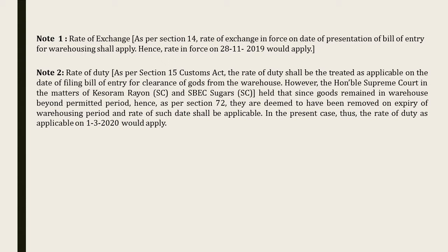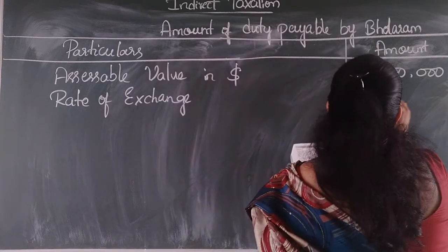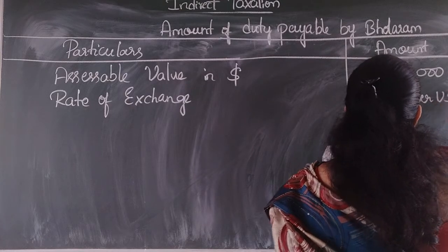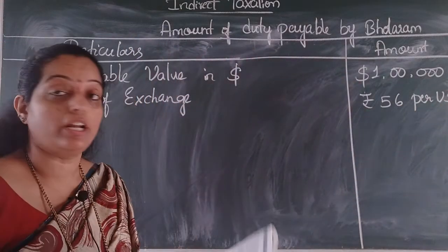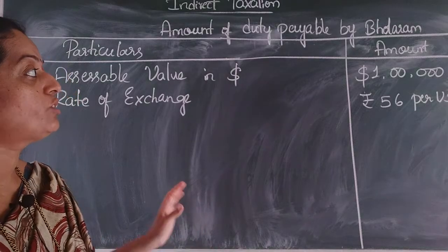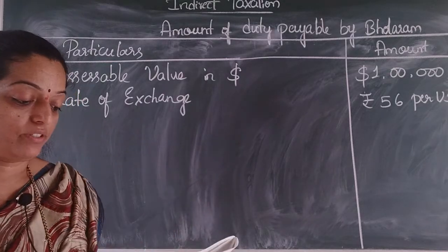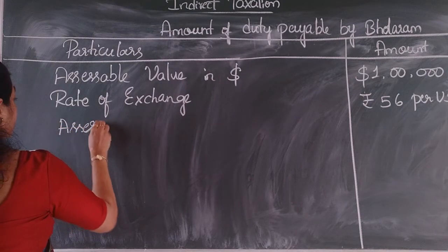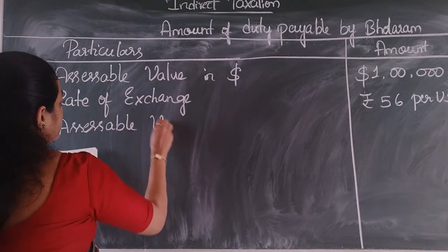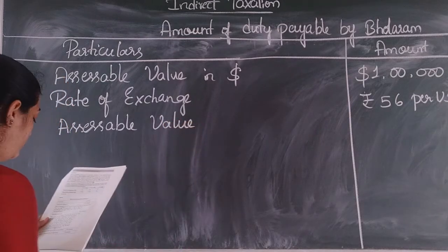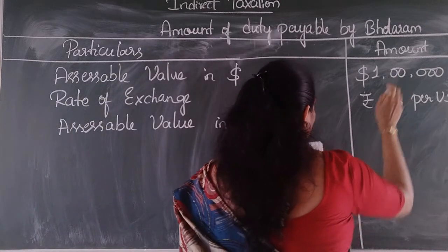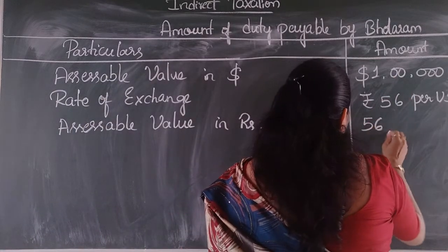So that is rupees 56 per US dollar. Then the assessable value in rupees means 56 into 1 lakh, 56 lakh.